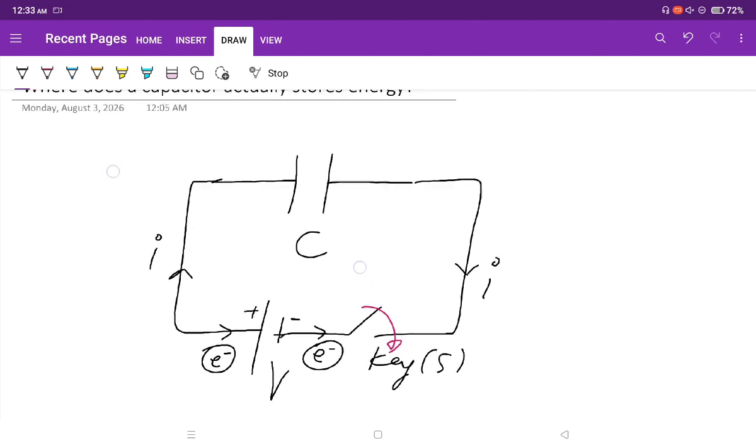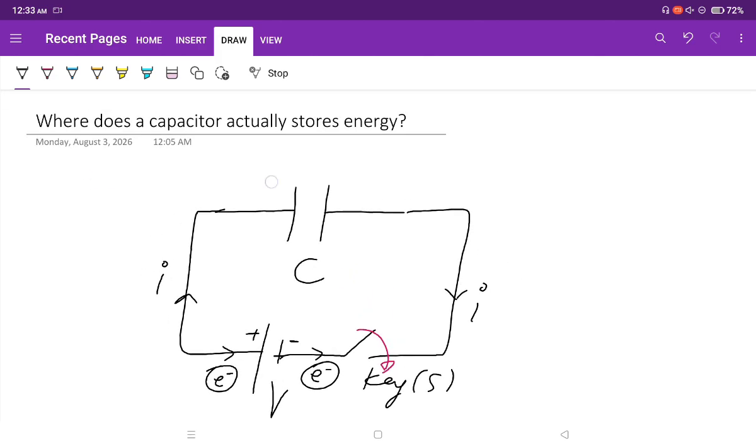At the capacitor side, one electron is taken from a plate and another electron is injected to the other plate, right? So one plate becomes negatively charged and another plate becomes positively charged, correct?